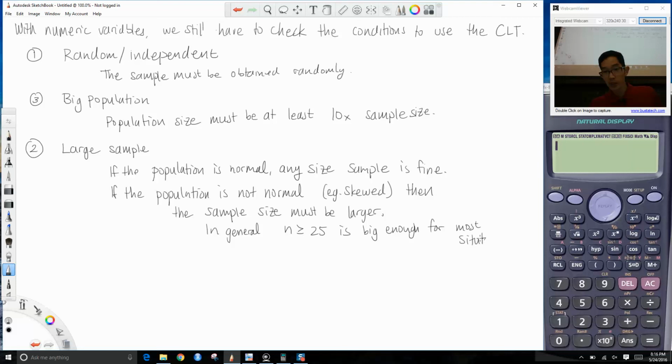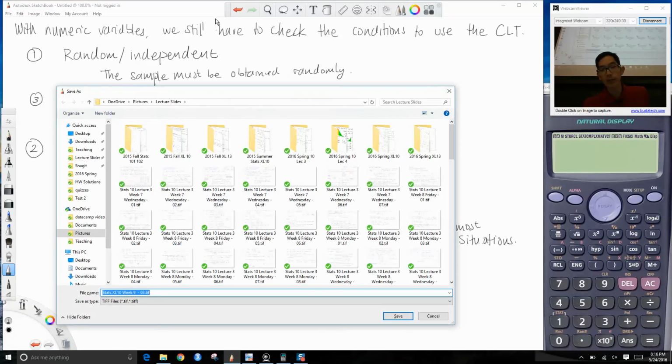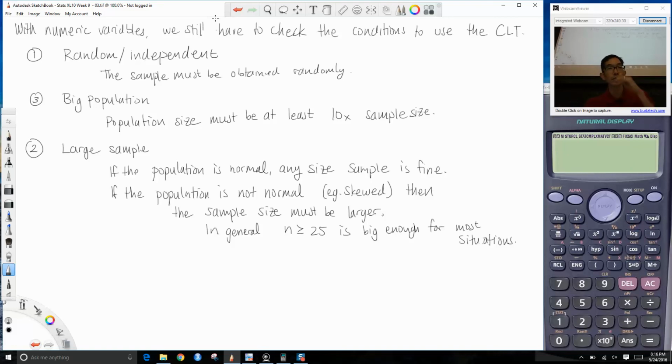But it's also possible that 25 is still not large enough if your population is extremely skewed or something like that.